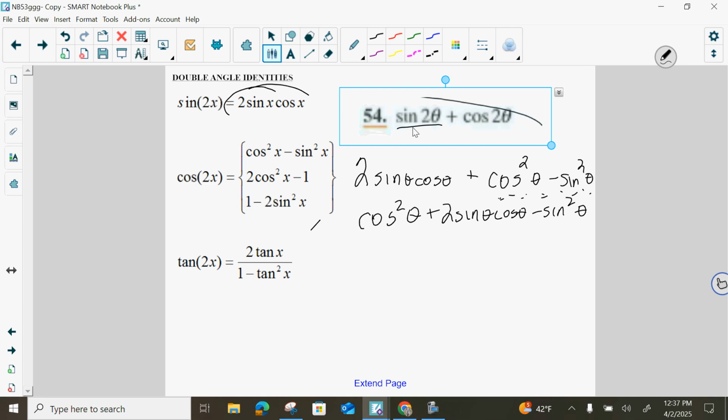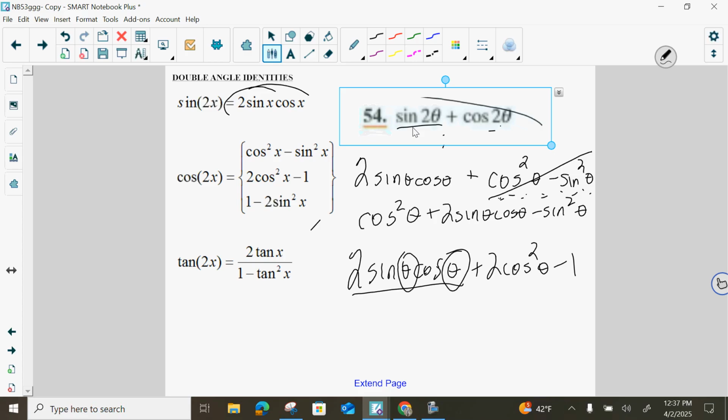If Ryan gave me something different, let's say he gave me the second one, can I rearrange that one and do something to it? I can't. So when it says 2 theta, then you just want to have thetas following it.